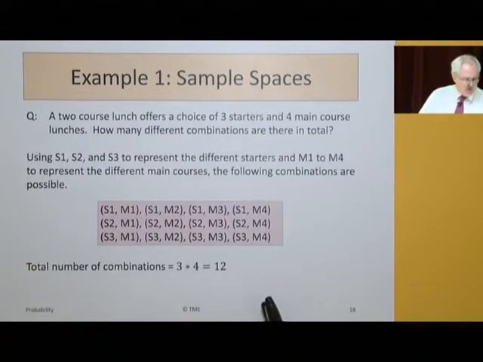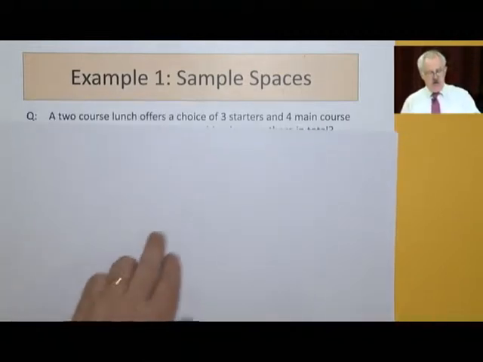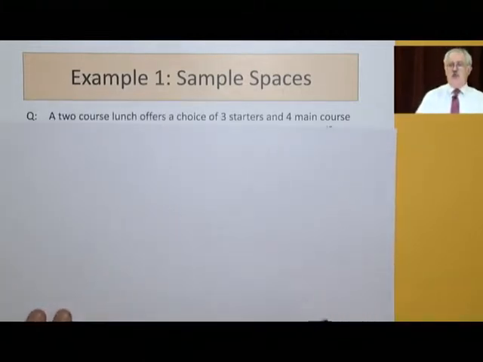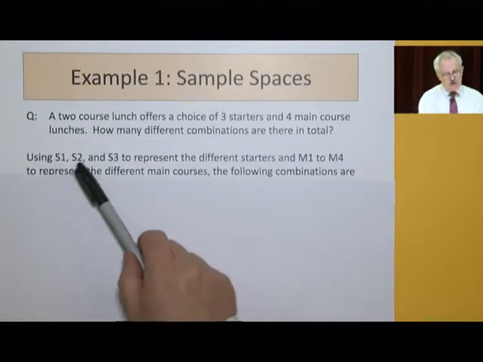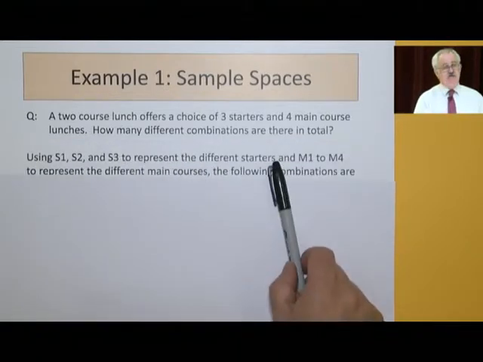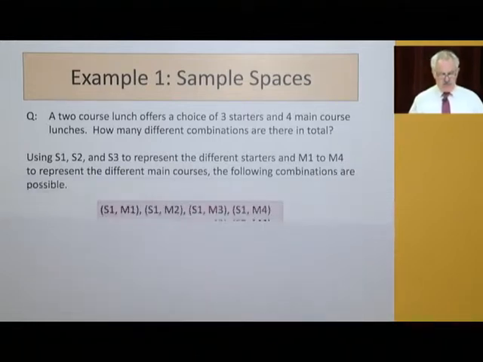Imagine now a 2-course lunch. You're going somewhere where they offer a 2-course lunch, and they've got 3 starters and 4 main courses. How many different combinations are there in total? We can use S1, S2, and S3 to represent the starters, and M1 to M4 to represent the main courses.